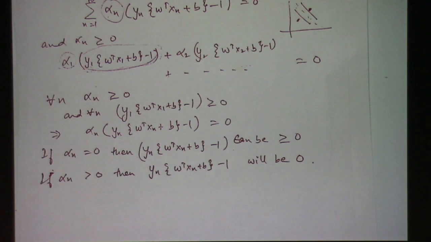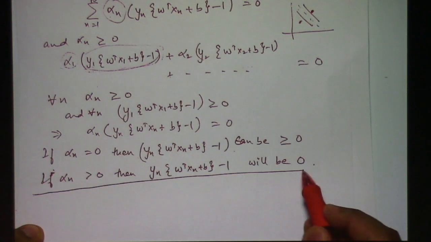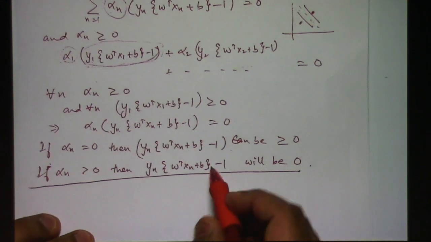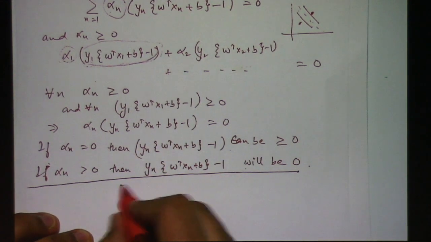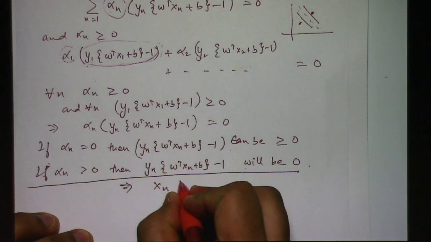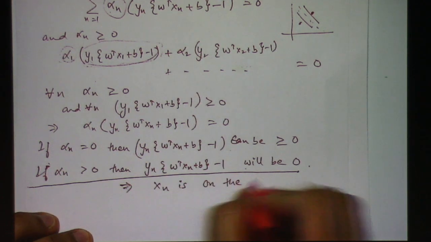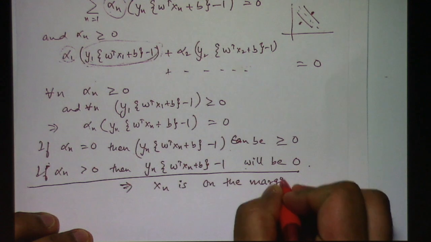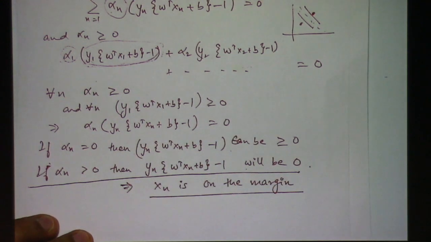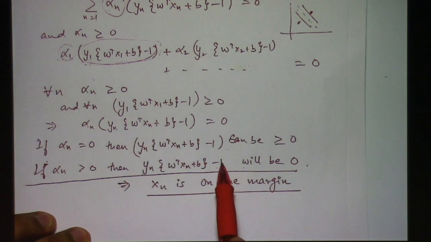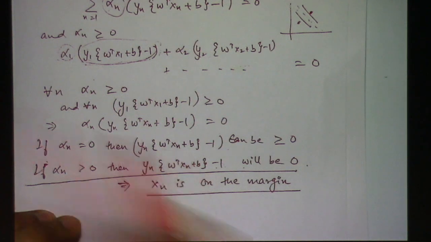So here comes a very interesting aspect. Let's develop this further, which implies that x_n is on the margin, right? Because if this is equal to 0, it means that this point is on that margin.